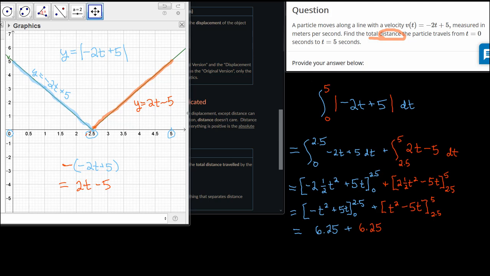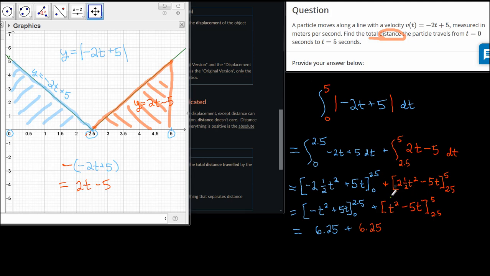Think about what you're doing when you compute the integral: you're finding the area under the curve. If you look at this picture, the area under that line should be exactly the same as the area under that one, because they're just two triangles.